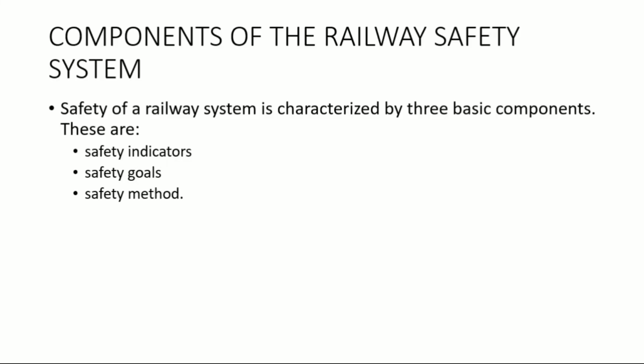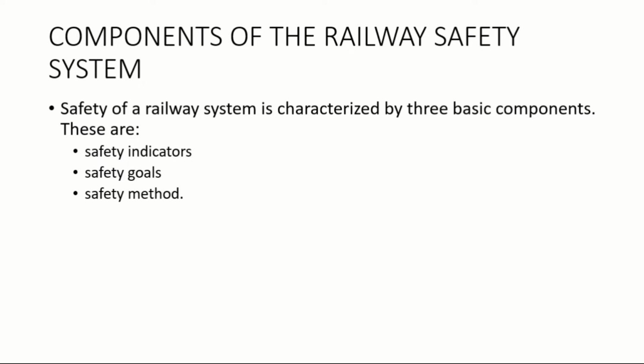Okay, let's continue with the components of the railway safety system. Safety of a railway system is characterized by three basic components. The first is the safety indicator, the second is the safety goals, and the third is the safety method. Safety indicators are information regarding the railway system safety, which allows comparing the system safety level to the safety goal.